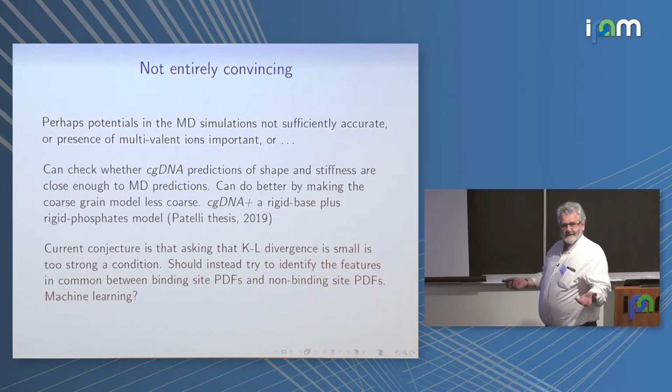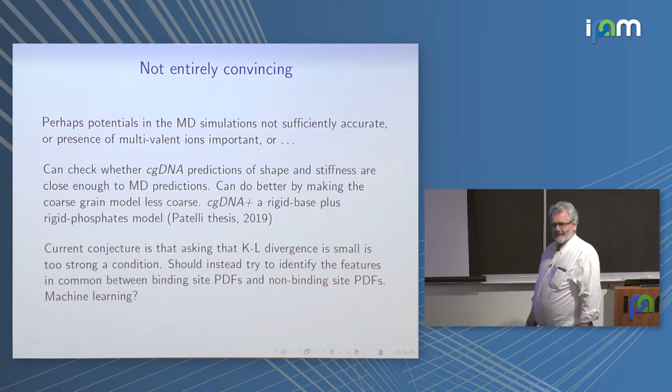So for each protein, you'll get an ensemble of Gaussians. I'll tell you this subset of the ensemble are binders, this subset are not. Please identify what are the features of the stiffness matrix and the ground state that are in common in the binders.